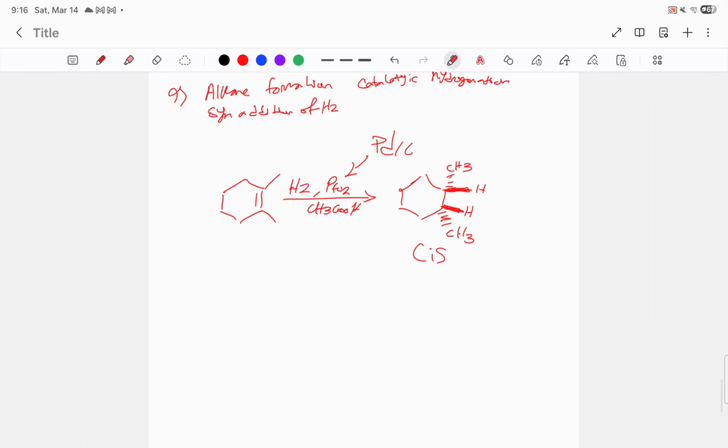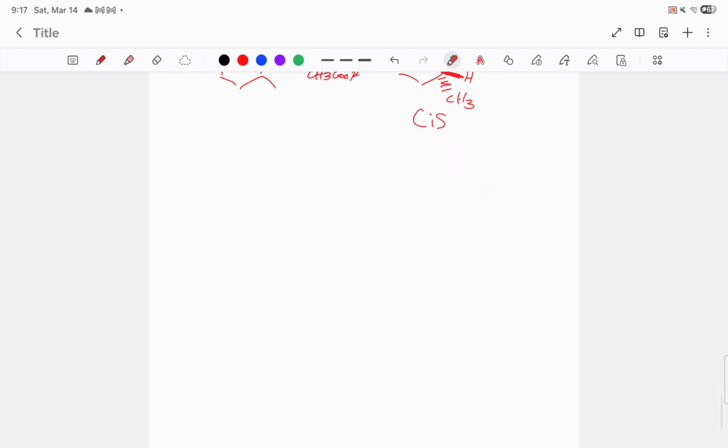So when a cyclic alkene is reduced, you get a cis product because you add at the same face of the cyclic system. And it is not considered a discrete reaction. The overall reaction is a concerted reaction on the surface.